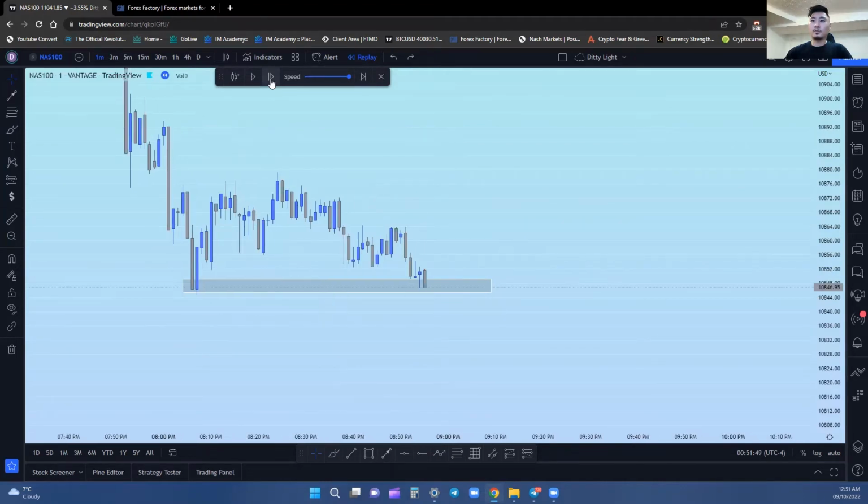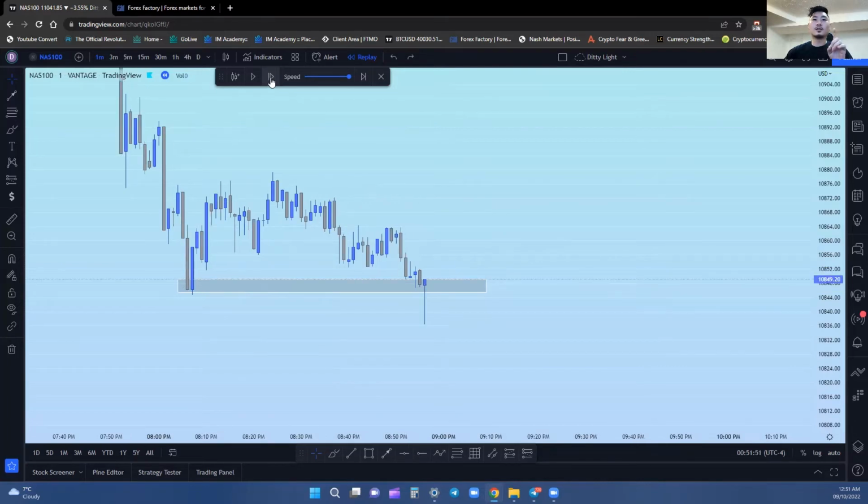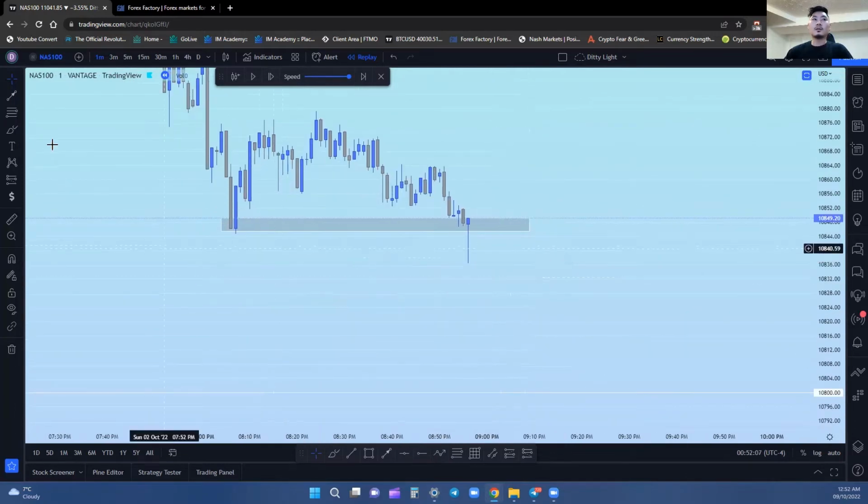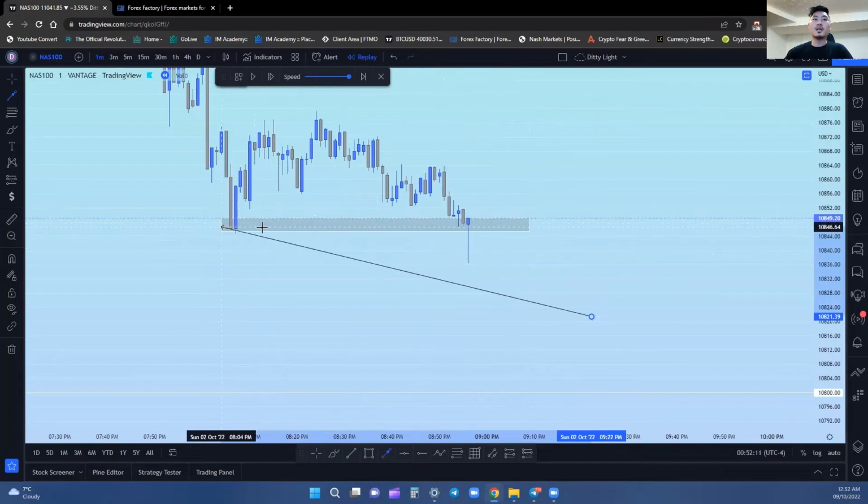37, right? So here we close above, right? So when I see this rejection, okay, when I see this rejection closing above this area, I said, okay, I'm positioning myself for a buy.